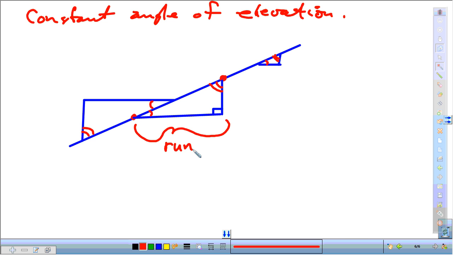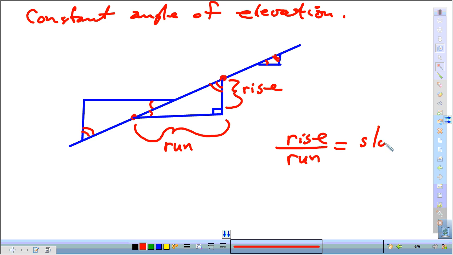But if we look at the sides, if we have similar triangles, then the ratio of the two sides in any of these triangles would be constant. So as I put here, if you think of left and right as the run and up and down as the rise, we're looking at rise over run. And so we call that ratio the slope.